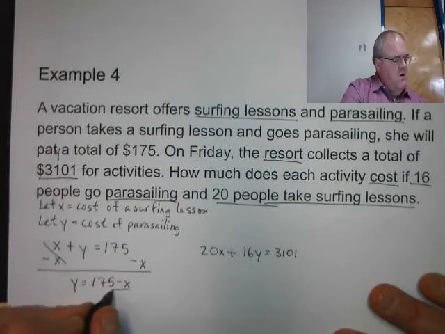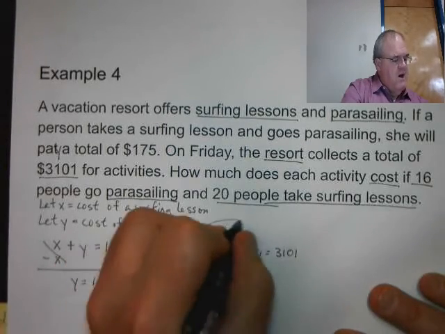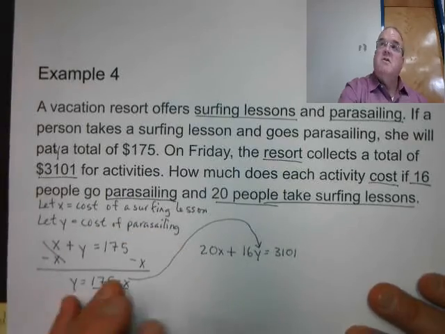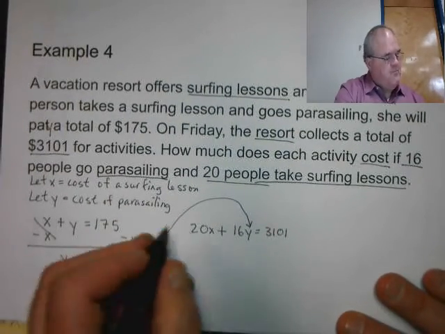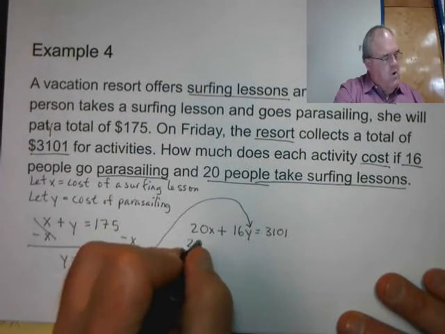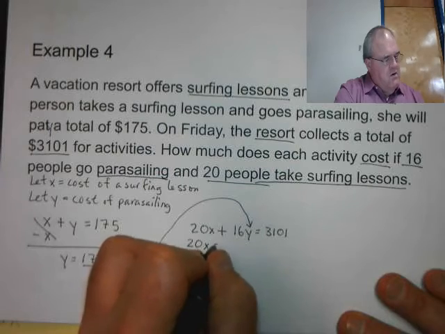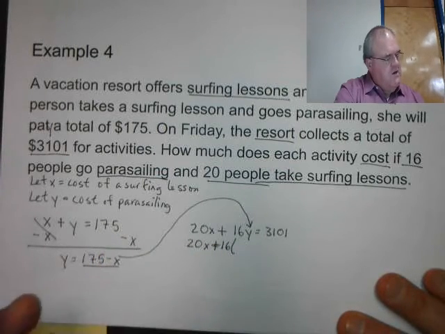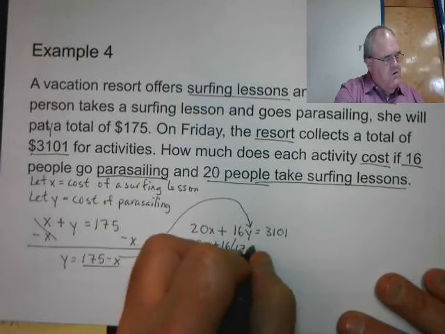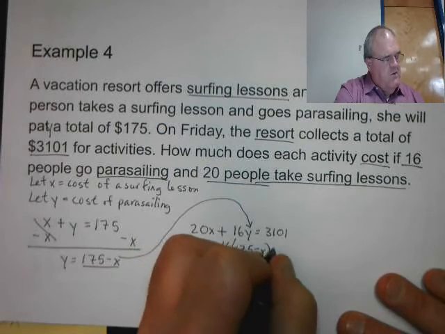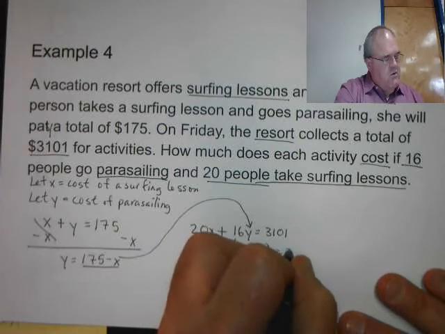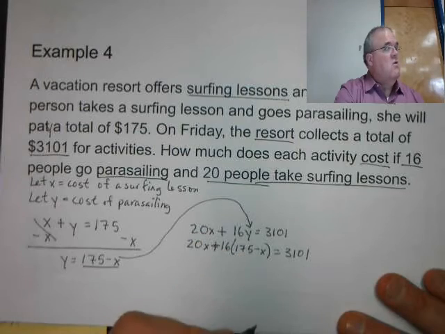I'm going to take my 175 minus x and substitute it in for y. So I'm going to have 20x plus 16 times 175 minus x equals 3,101.